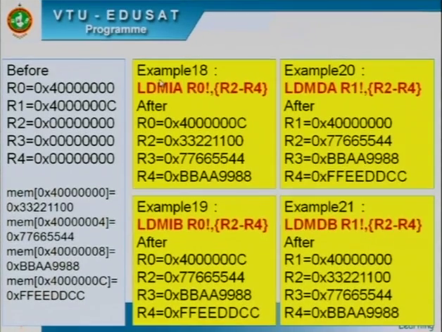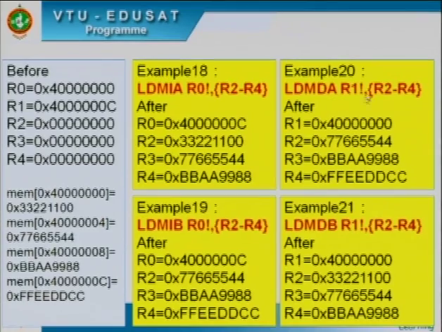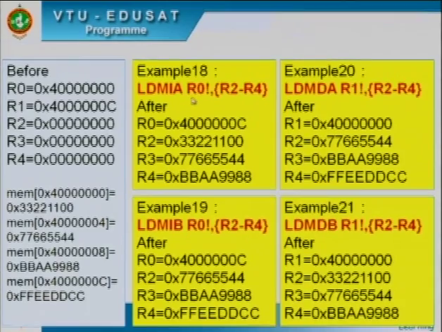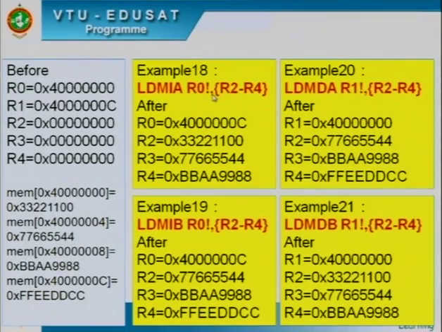Once we execute each of these instructions, we will see the after effect individually with the examples. Now look at example 18. LDMIA, load multiple registers, increment after, R0 with exclamation mark, comma, R2 to R4 in the curly bracket. Please remember, this is a curly bracket.